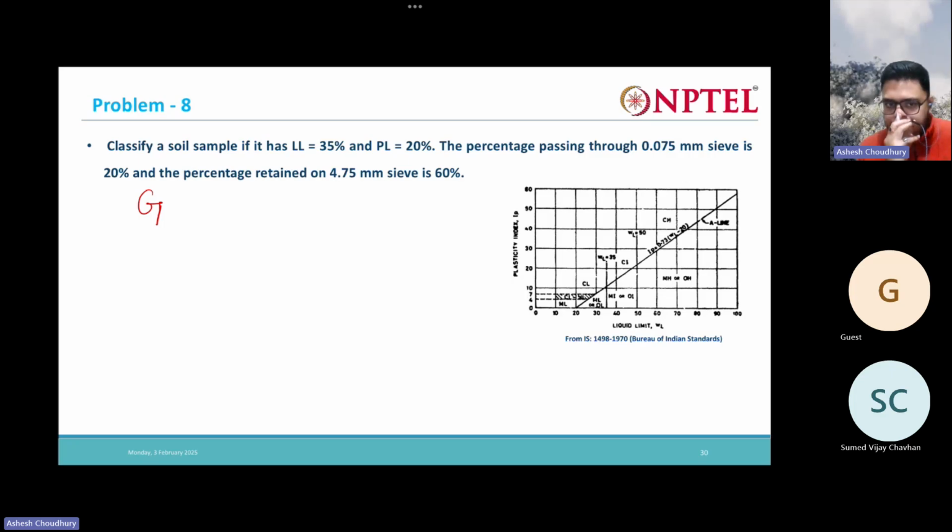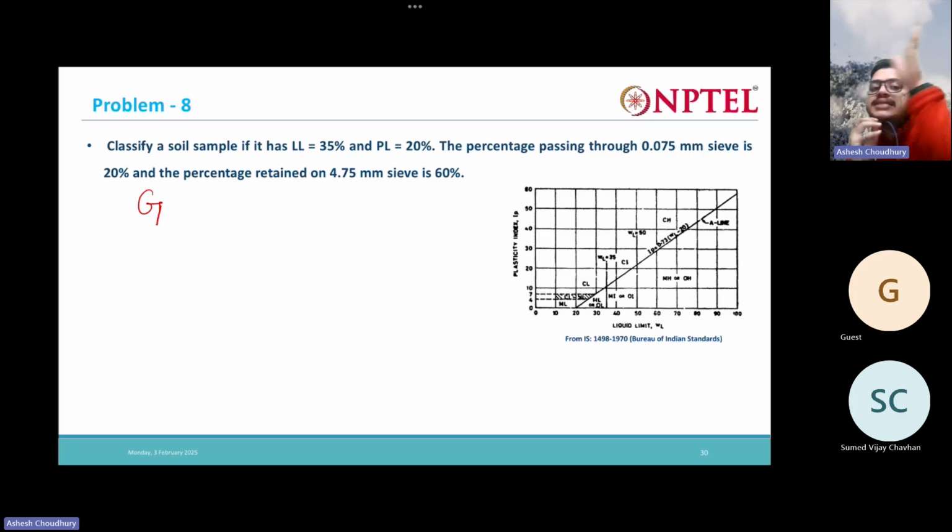Gravel is fine, but see, you are saying to define the suffix based on the gradation. But for that, the fine fraction in this gravel soil should be less than 5%.